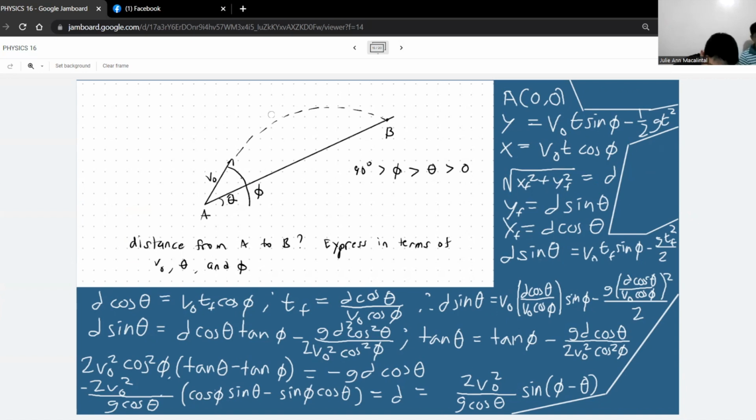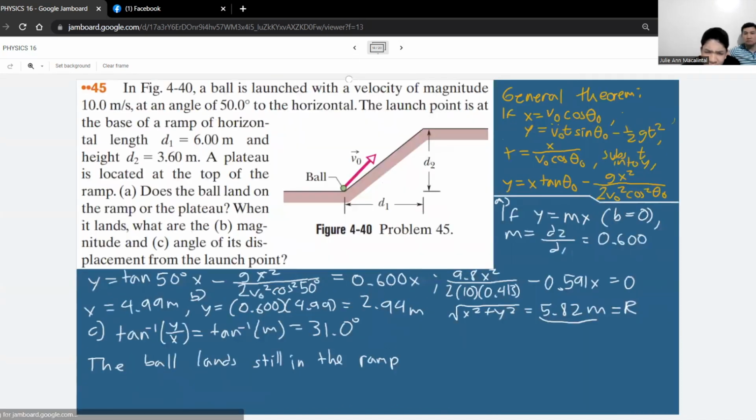Actually, I'm using 30.26. 7.75. Okay, so 7.75. Now, that's how far up the ramp, assuming the ramp continues forever.